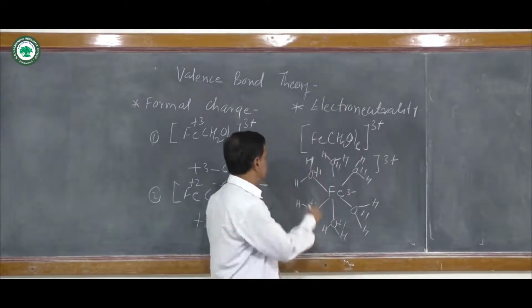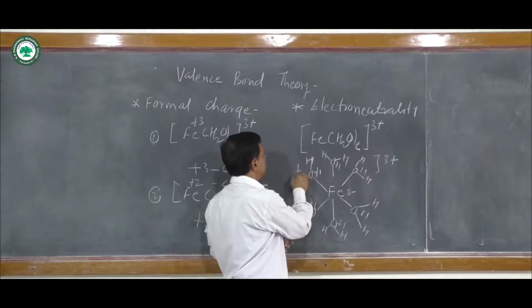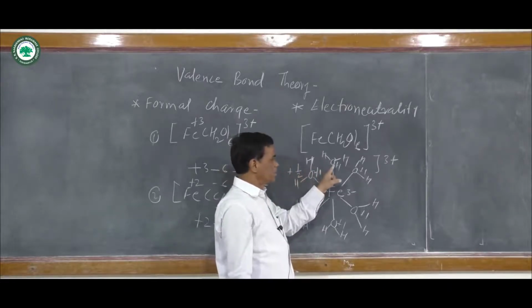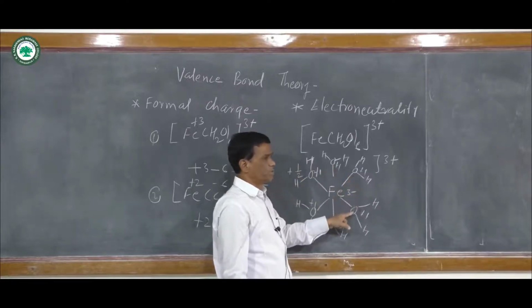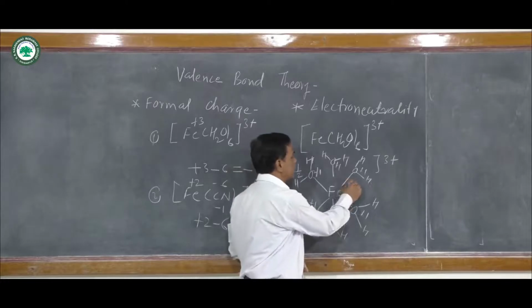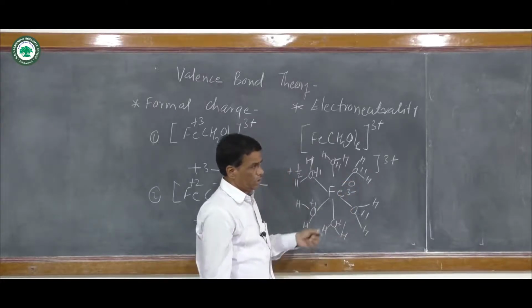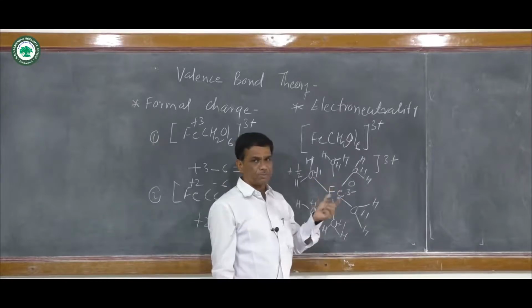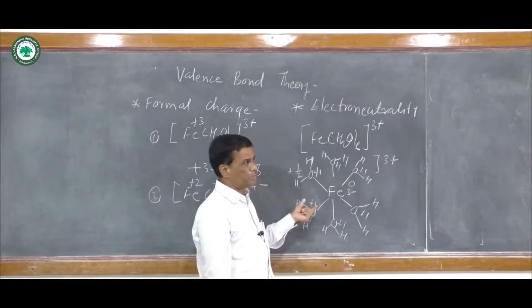Suppose on this oxygen the charge is equal to plus 1 half. Total is plus 1 half, plus 1 half, plus 1 half, plus 1 half. That is a plus 3. And at that time, the charge on iron is equal to 0. And this type of situation occurs when it is 50-50%, that means 50% covalent and 50% ionic bond.